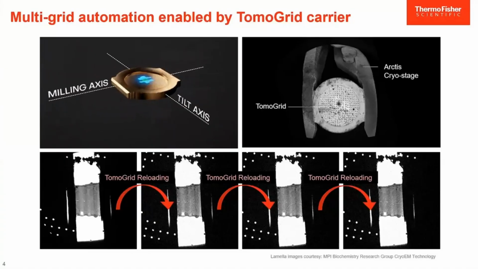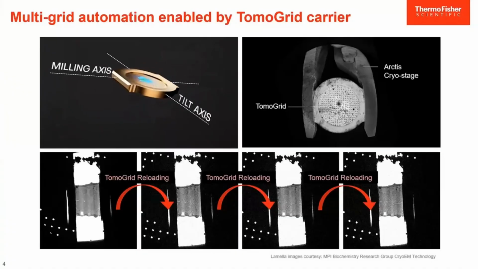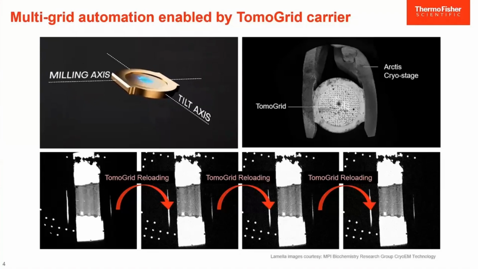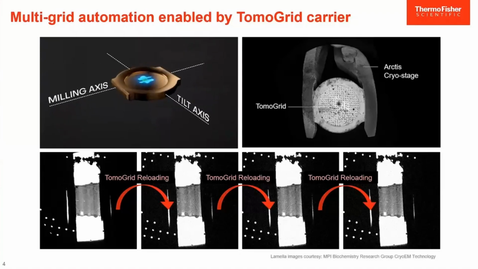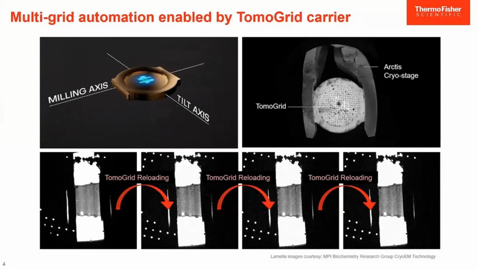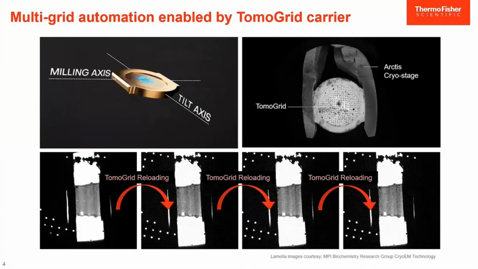And the TomoCrit carrier is a carrier which can do this. Because of the flat sides, it's always sitting in a fixed orientation in the Arctis cryo stage, as you can see here in the example, as well as in the Krios Compute stage. That enables us to load and unload crits, as you can see in the lower panel.